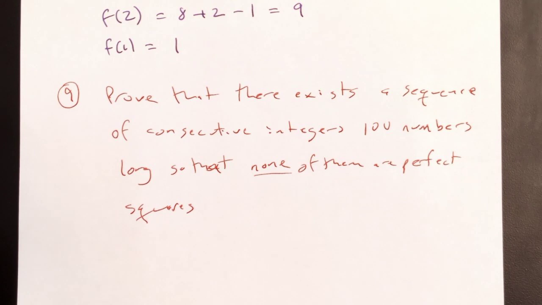Your square root is an integer. 9 is 3 squared. 7 is not a perfect square. Its square root is irrational. 16 is a perfect square. 49 is a perfect square. I claim you can find a list at least 100 numbers long where none of them are squares.